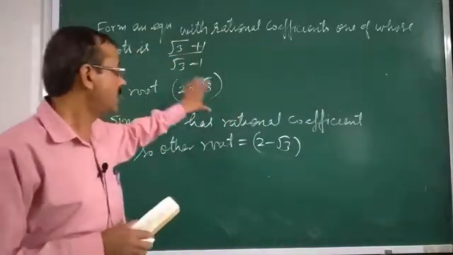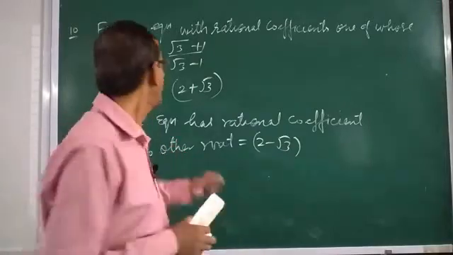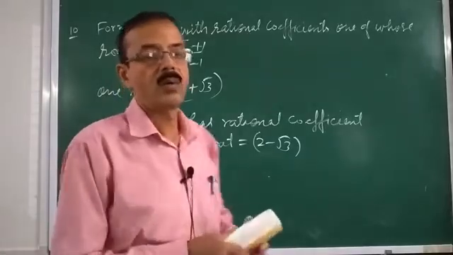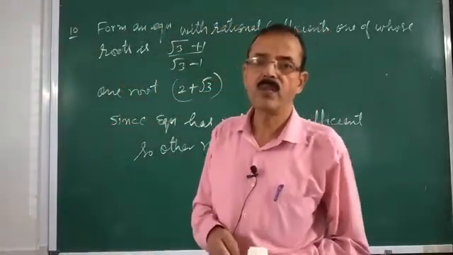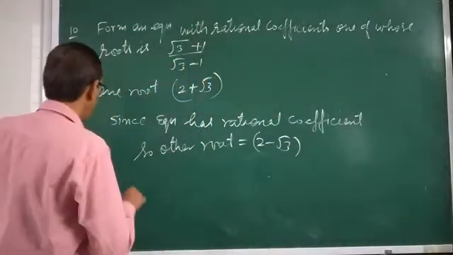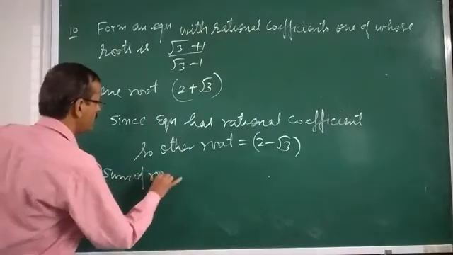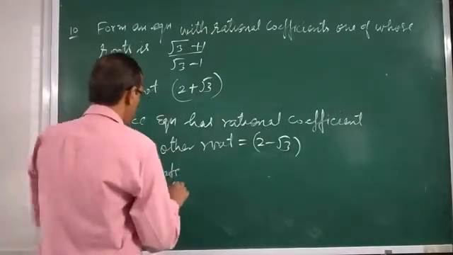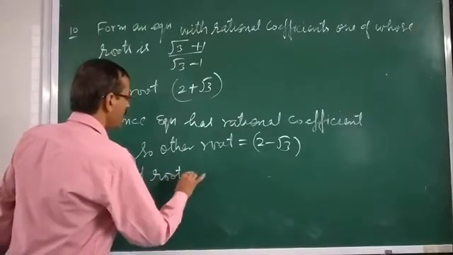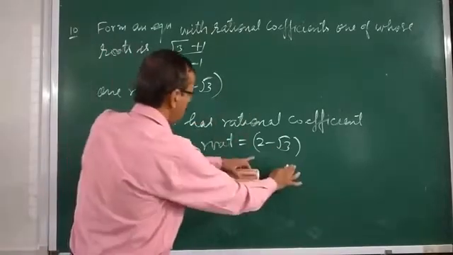Using these two roots, we have to find the sum of roots and the product of roots. Why? Because to form an equation, we need the sum of roots and product of roots. First, the sum of roots: this is alpha and this is beta.